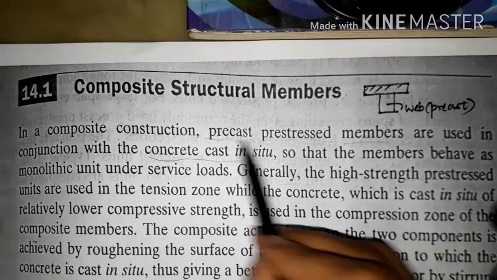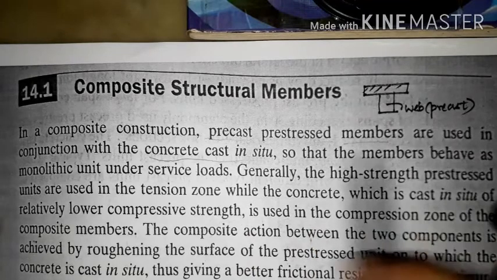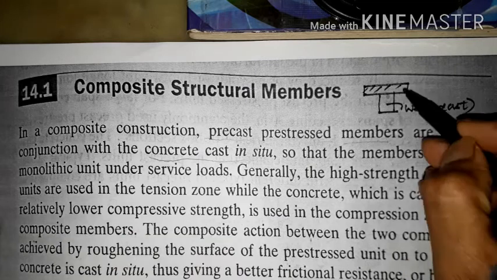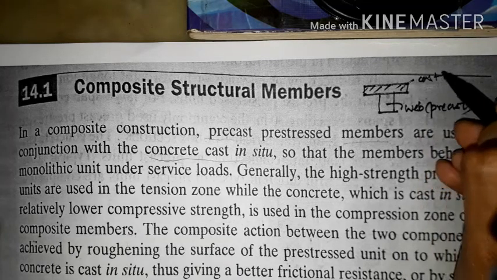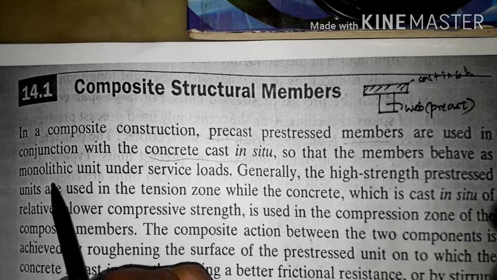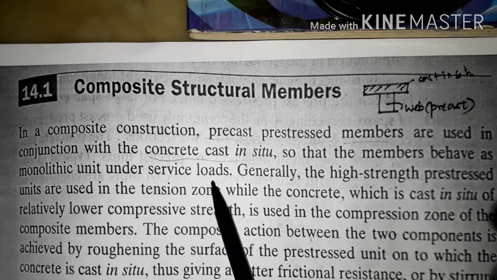So the precast pre-stressed member gives a conjunction with the concrete cast in situ. So this will be cast in situ, which means it will be cast on site, so that the members behave as a monolithic unit under service loads.